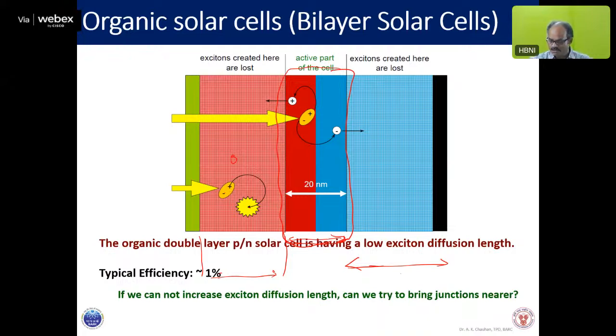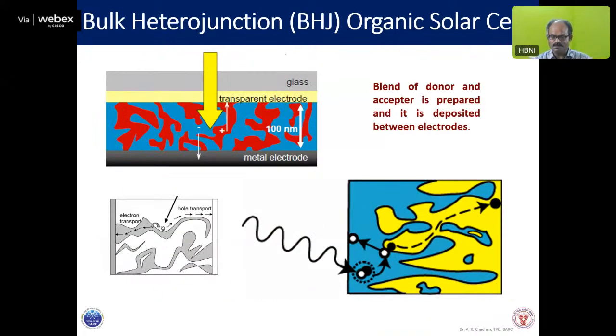Bulk heterojunction means that in place of depositing one material and then another material, you actually blend them. Just imagine you are blending two different materials. If you blend them perfectly, you can have this kind of structure where one material is this, another material is this.